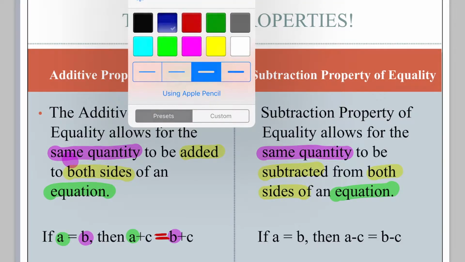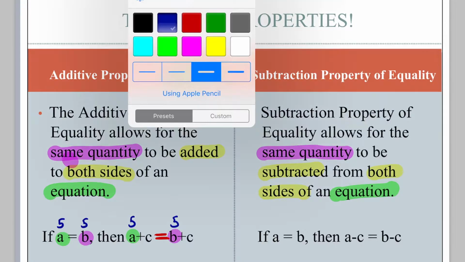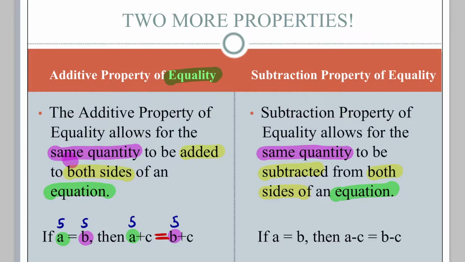Okay, so if I know that 5 is equal to 5, so 5 and 5, if I take the same value, a 2, and add it to both sides, then the value changes, but both sides are still equal.